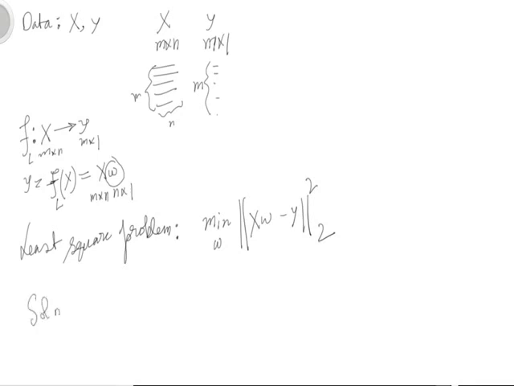So this can be formulated as an unconstrained optimization problem over the parameter W, and the solution is going to be what is known as the normal equation.